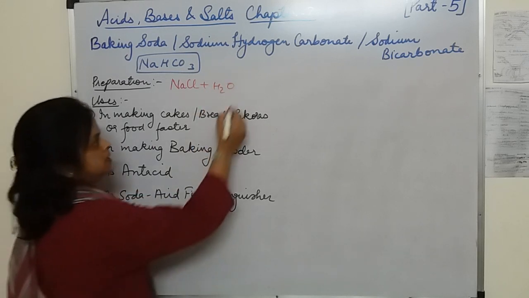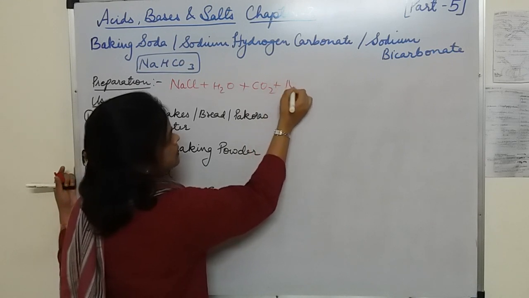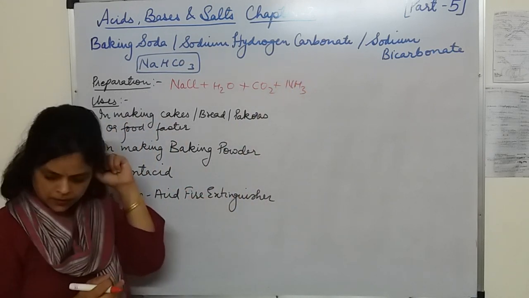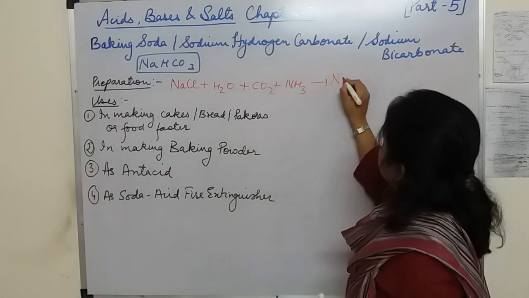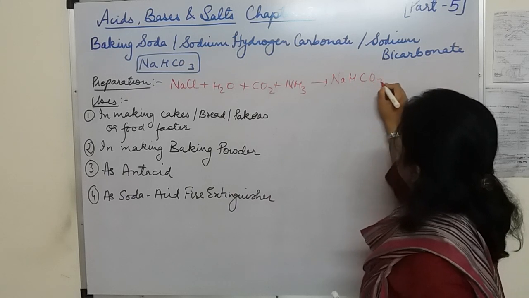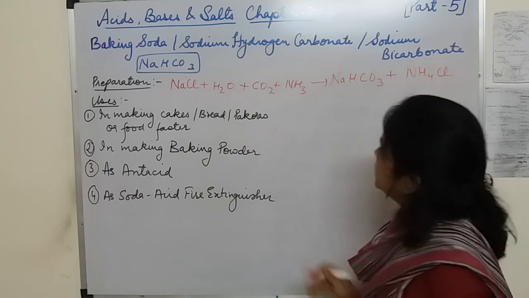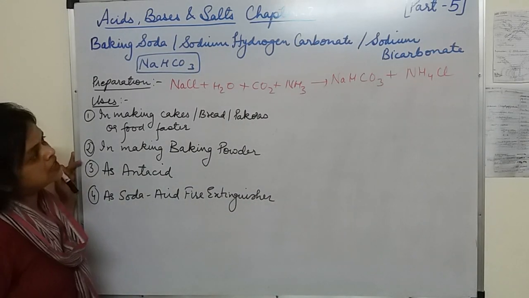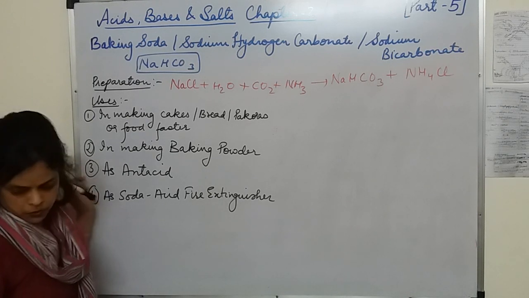Okay, along with this carbon dioxide and ammonia gas. Okay, here carbon dioxide and ammonia gas, they form this NaHCO3 along with NH4Cl. Okay, and NaHCO3, it is nothing but the sodium bicarbonate, that is our baking soda.